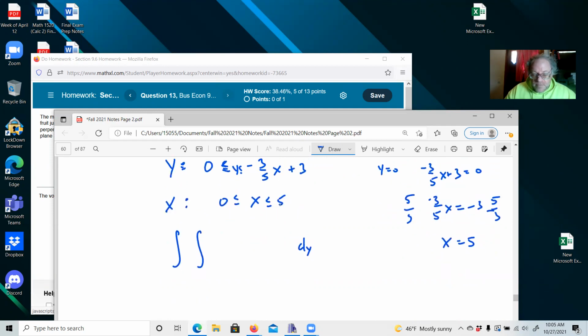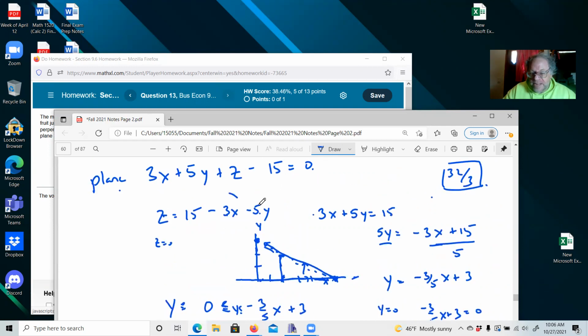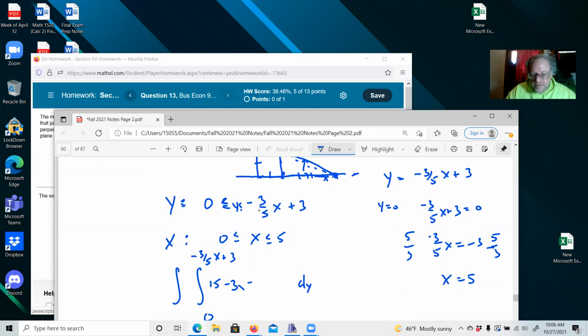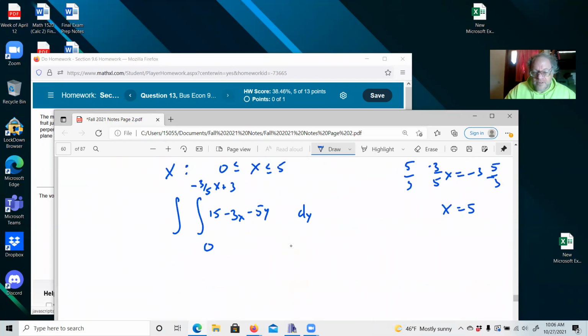Now, this is going to go from 0 to the line negative 3/5 x plus 3. And we're going to go back up to our original thing here. This is 15 minus 3x minus 5y, just like we had up here. And x is going from 0 to 5.